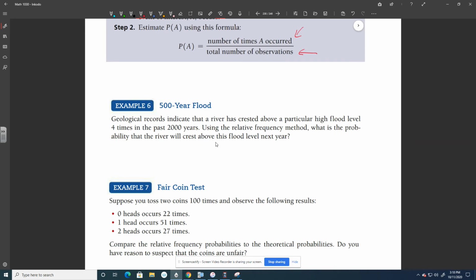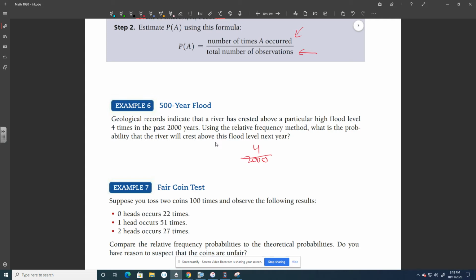So 500-year flood, example 6. Geological records indicate that a river has crested above a particular high flood level 4 times in the last 2,000 years. So in the last 2,000 years, 4 times we've gotten a flood. So what's the probability that the river will crest above the flood level next year?